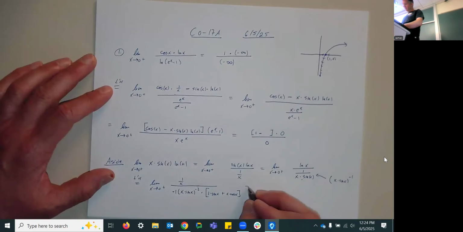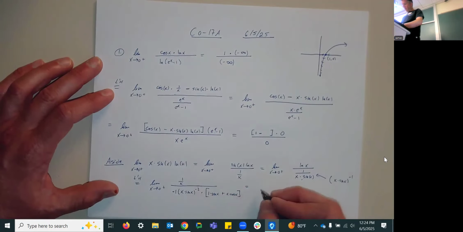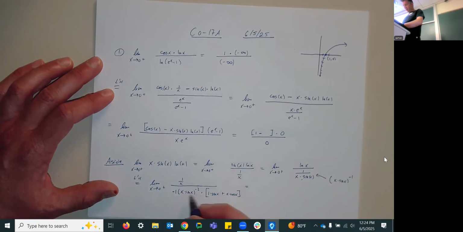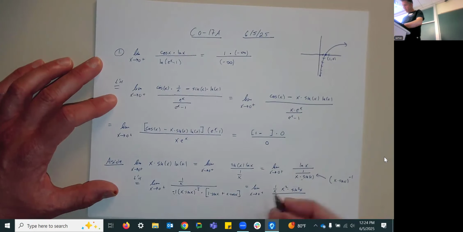Okay, let's rewrite it a little bit. I'm going to bring this part to the top. So I'm going to have the limit as x goes to 0 from the right of 1 over x on top times x squared times sine squared all over the bottom, which is a -1 still, and a, holy smokes, a sine x plus x cosine x.